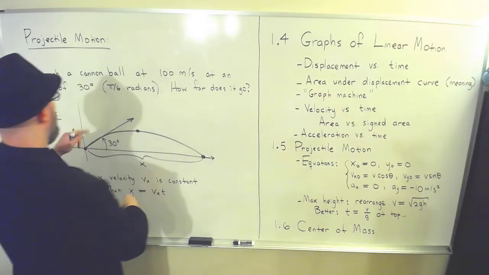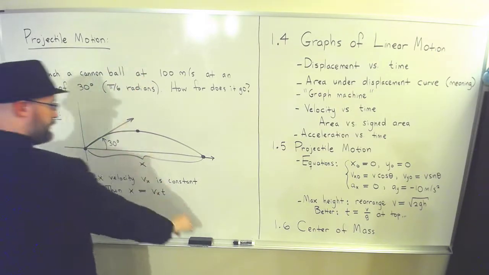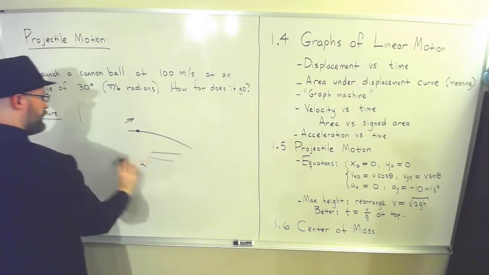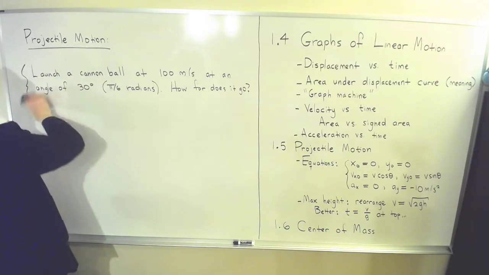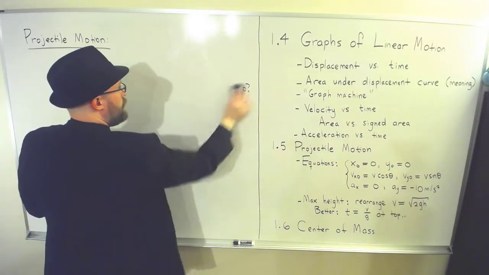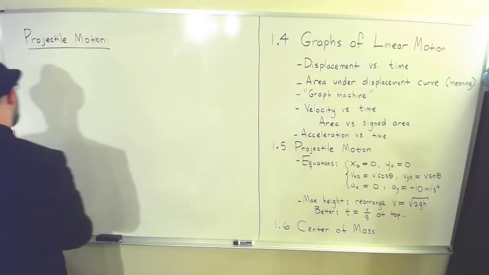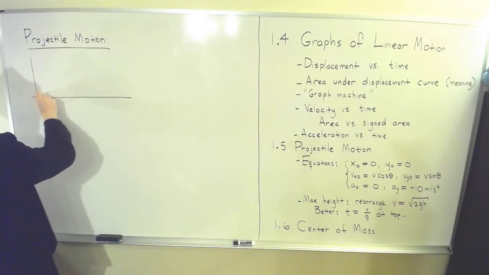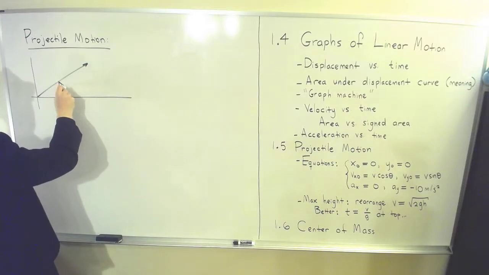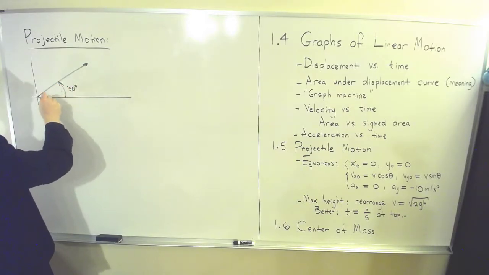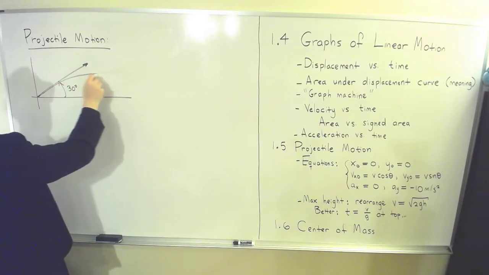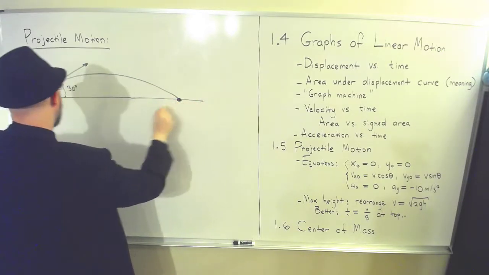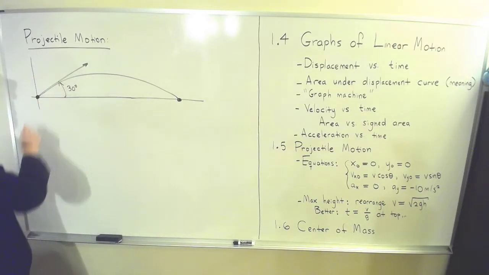So let me erase this just so I have room to draw. I'm going to redraw the picture here. So we had a 30-degree angle here, and then this goes and it comes down and hits over here.